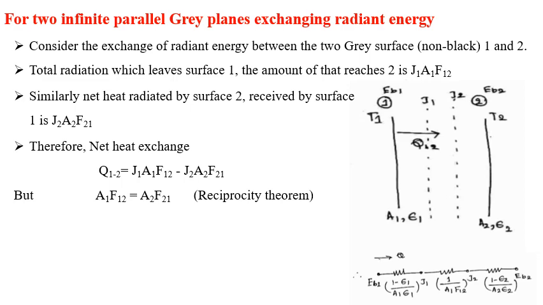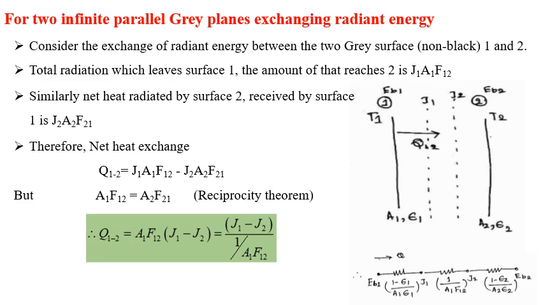But by the reciprocity theorem, A1 F1-2 is equal to A2 F2-1. Therefore Q1-2 is equal to A1 F1-2, a common term, into J1 minus J2, which can be written as J1 minus J2 divided by 1 by A1 F1-2, where 1 by A1 F1-2 is called the space resistance between two surfaces.